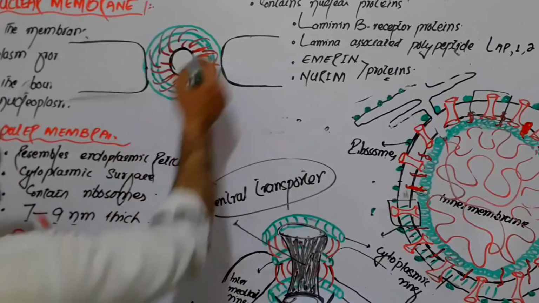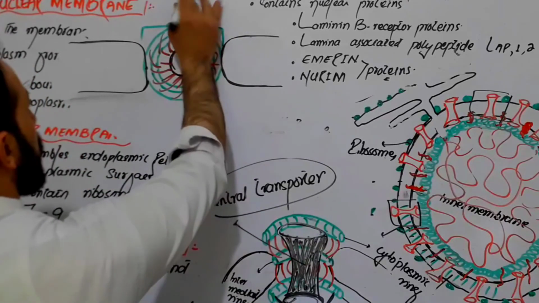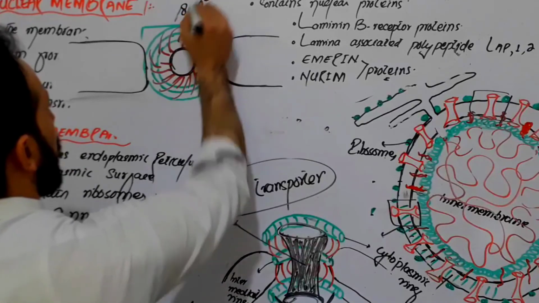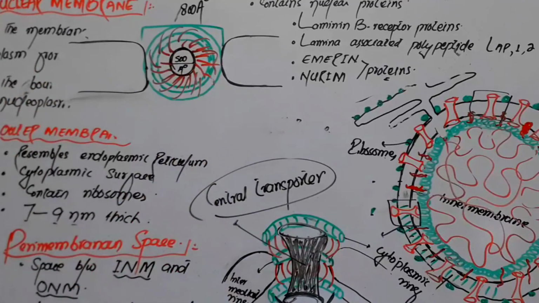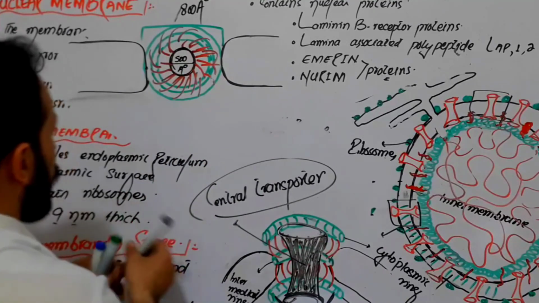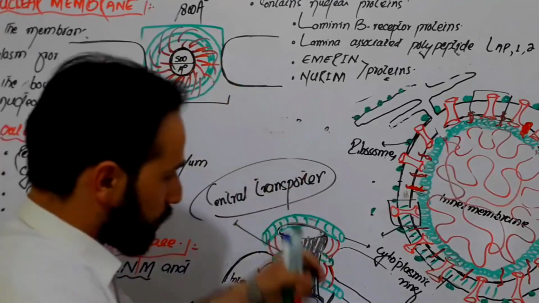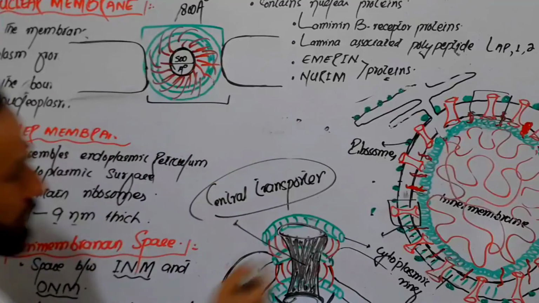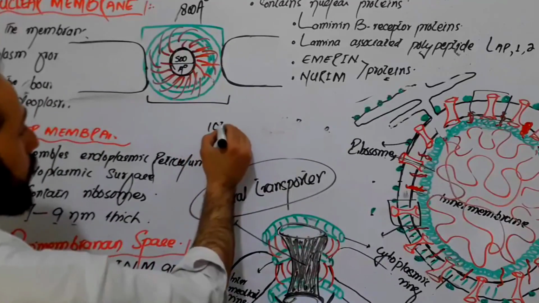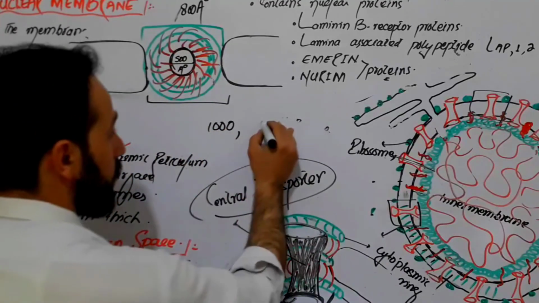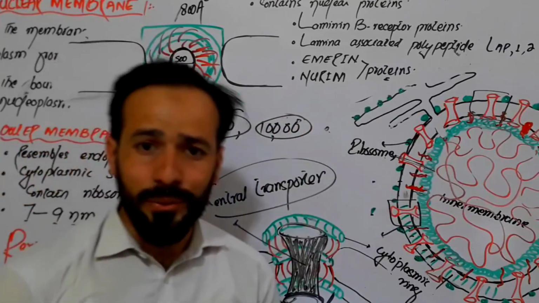The diameter from here up to here is 800 angstrom, and from here up to here is 500 angstrom. So this is called the nuclear pore, and these are the transporting proteins which are present in the nuclear pores. There may be 1,000 nuclear pores, or there may be 10,000 nuclear pores in one nucleus.